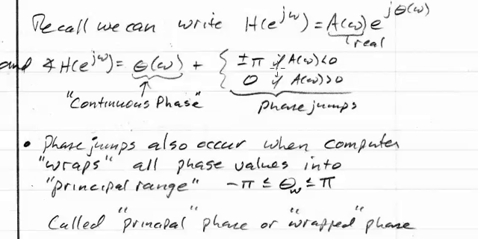Whenever this thing is 0, it doesn't make any change to the basic phase. We call theta of omega the continuous phase part of this. These plus or minus pi contributions from A are phase jumps.